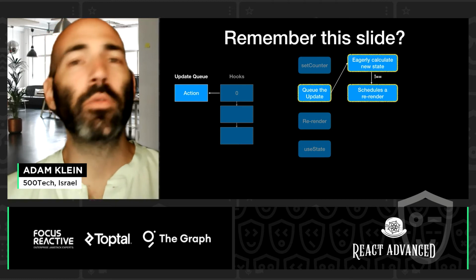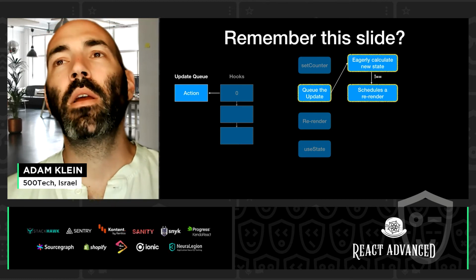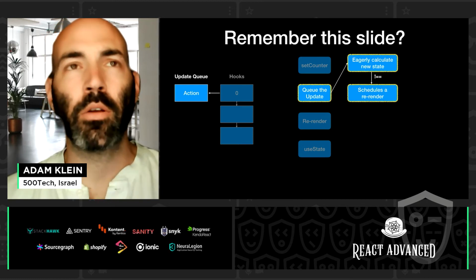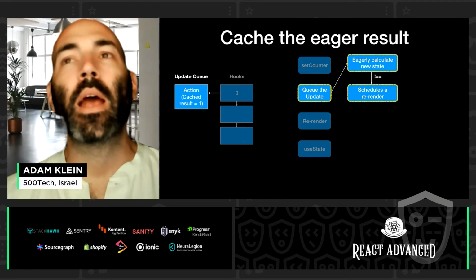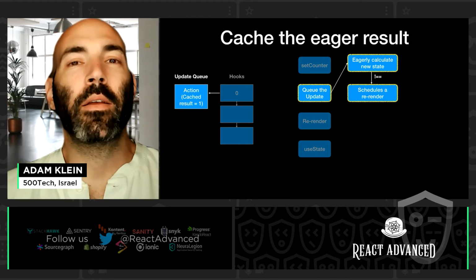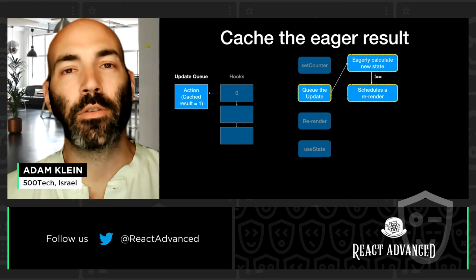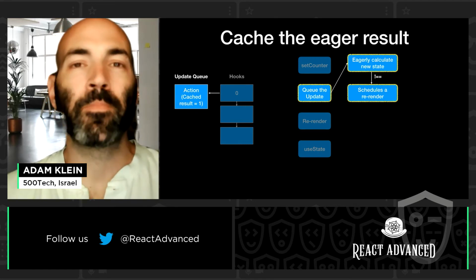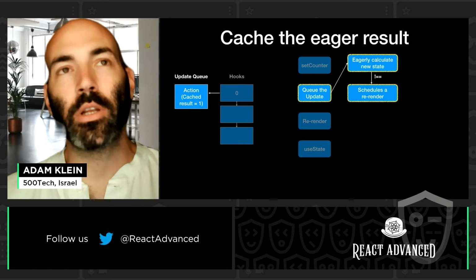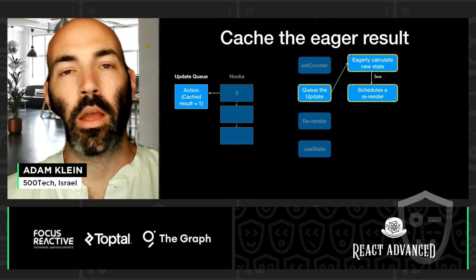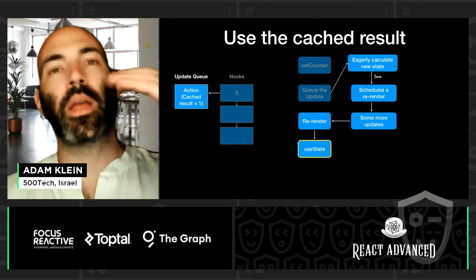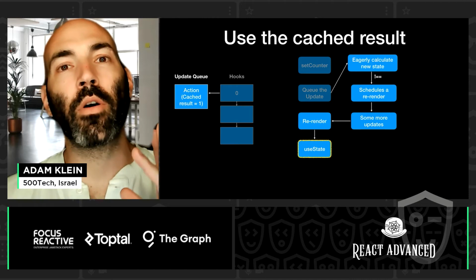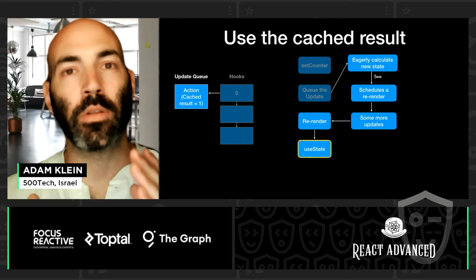So obviously, if the new calculated value is different, React will schedule a re-render and will continue the flow, except that because it already computed the new value, it will cache the result inside the update queue. So when we actually call useState and perform the update queue, React already has this result inside the queue.